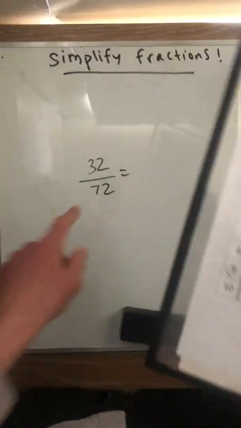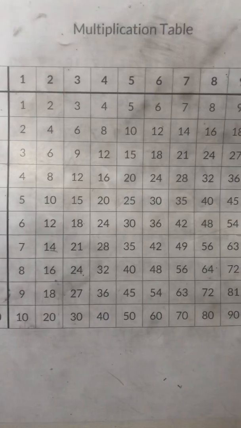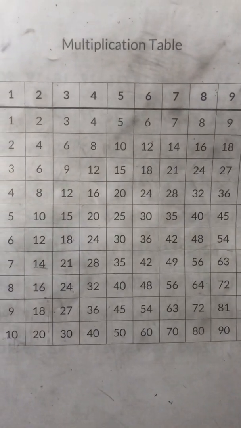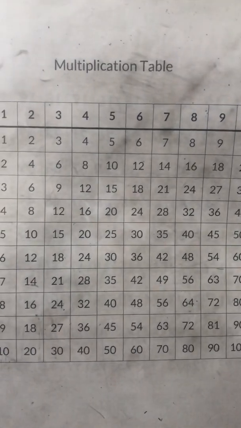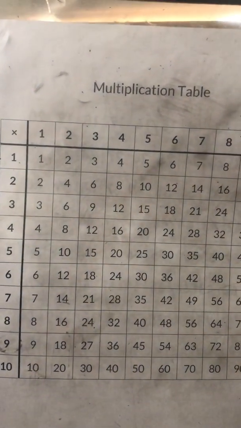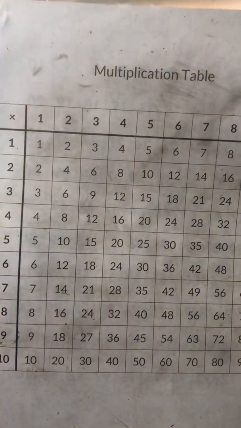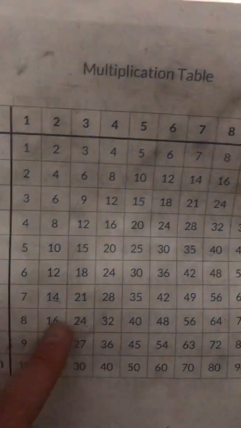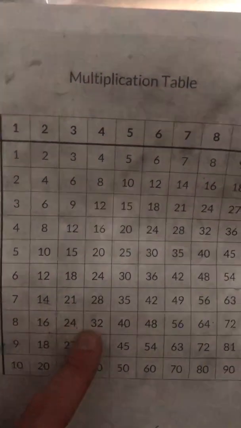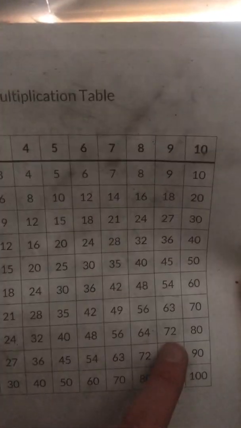So let's see if we look at our multiplication table, if we might just kind of luck out and find 32 and 72 in the same row. Tell me when you see it. Do you see 32 and 72 in the same row? It's kind of towards the bottom. It's in the 8s. 8 times 4 is 32. 8 times 9 is 72.